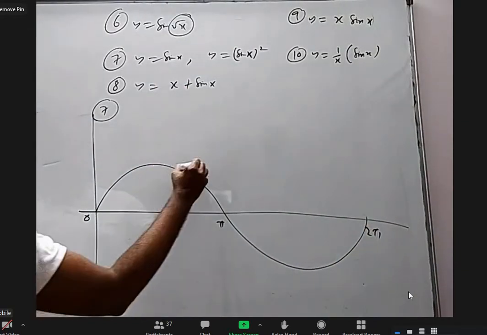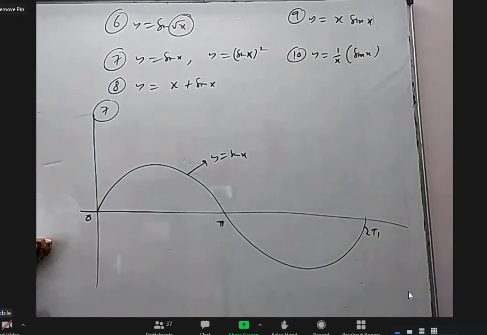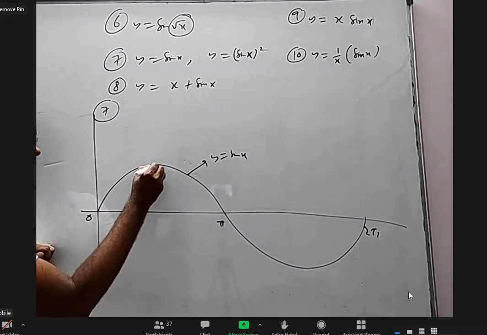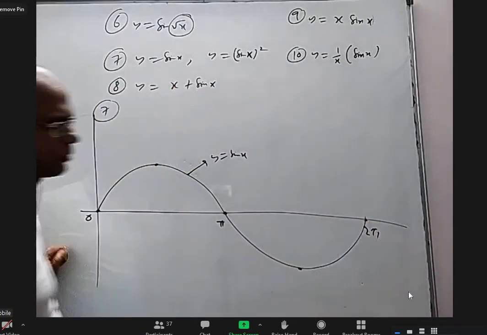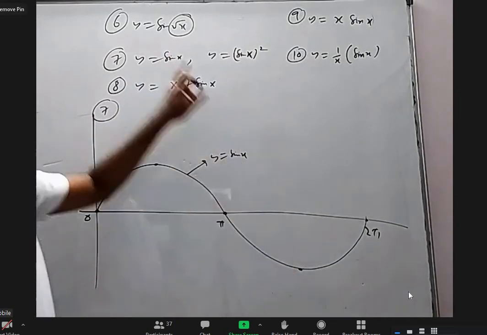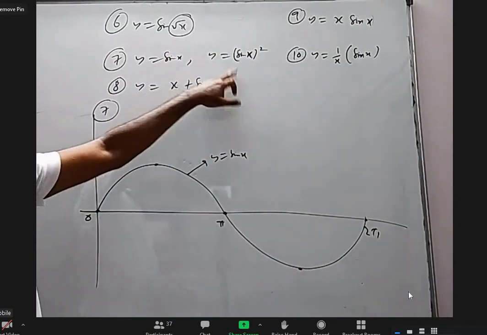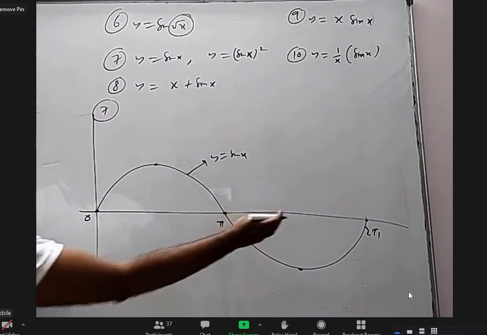This is a graph of sin x, y equal to sin x. If I take sin x whole square, this point, this point, this point, this point will not change, because when sin x is 0, this is 0. When it is 1, this will be 1. When it is 0, it is 0. When it is minus 1, this will be plus 1. Right? Okay, we'll talk about here later.